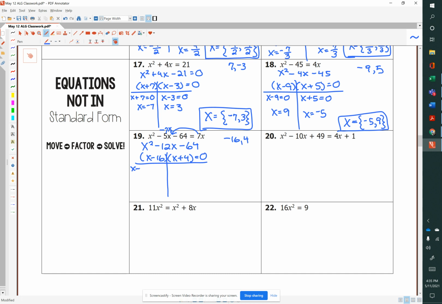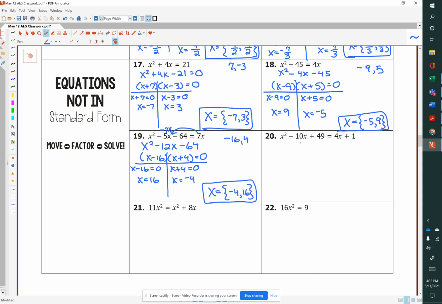So x minus 16 equals 0, and x plus 4 equals 0. So on the left side, x equals 16, and on the right side, x equals negative 4, and that's our answer set. x equals negative 4, positive 16. It's a two-solution quadratic. The parabola crosses the x-axis in two places.